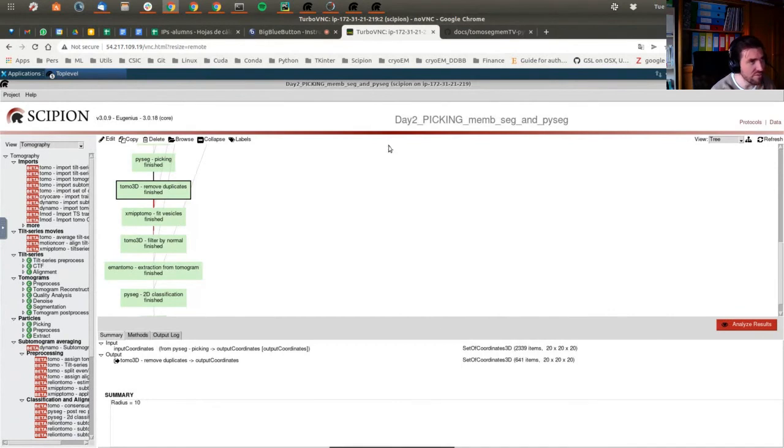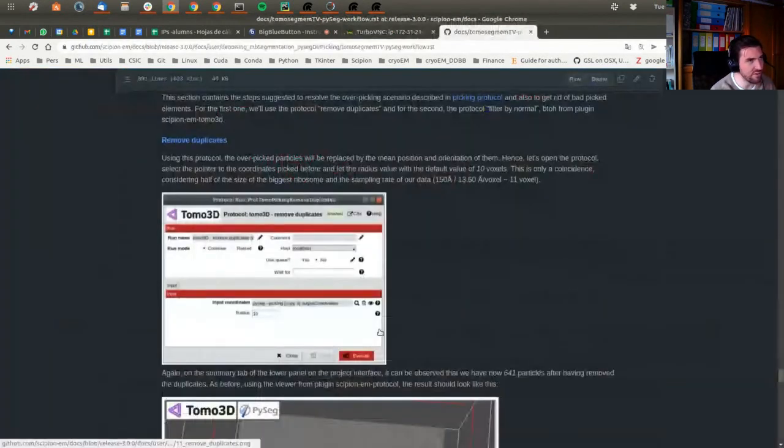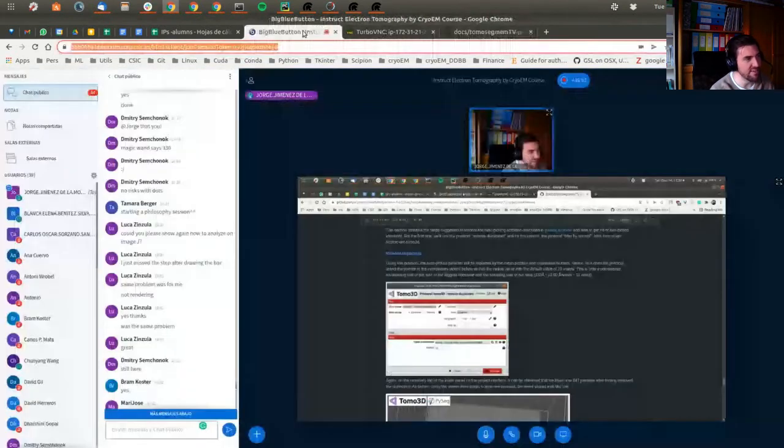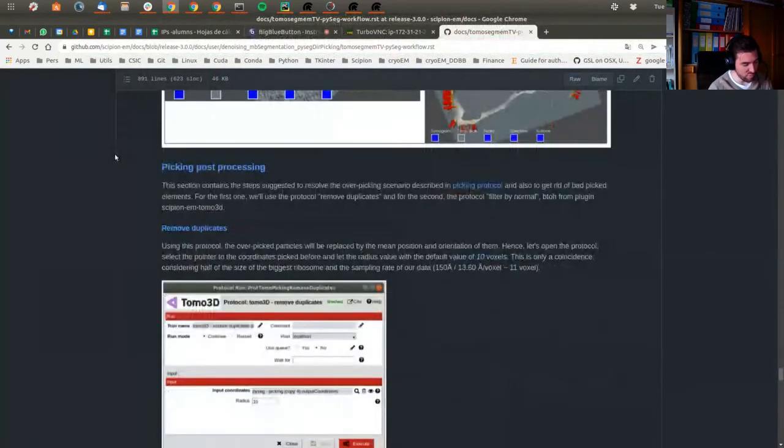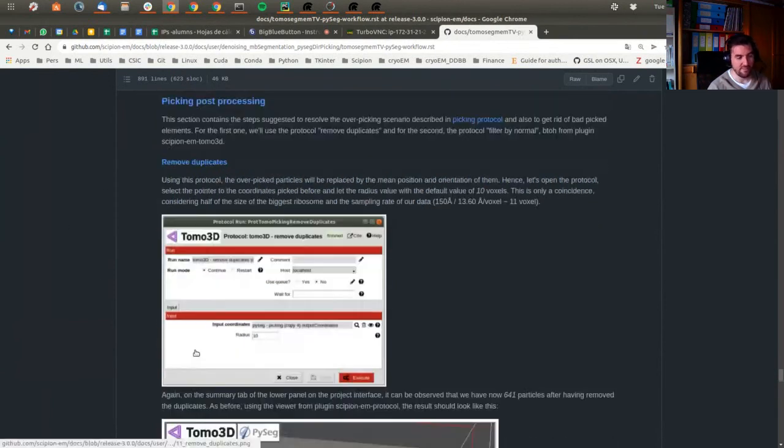We're going to carry out some other operations, which are removing duplicates. What does it mean? Because we have used options that can take us to a scenario of overpicking, we're going to use a criterion: particles which have been picked closer than a given distance will be considered the same particle.